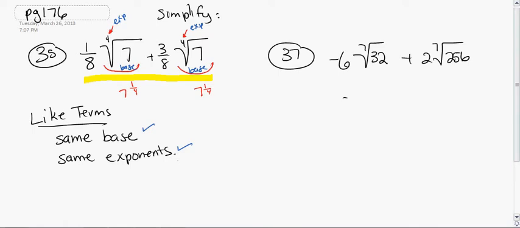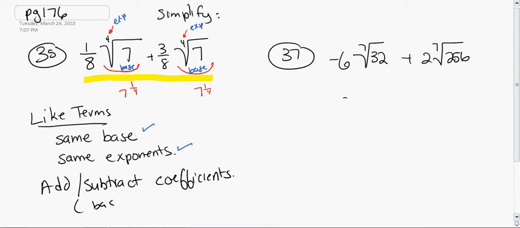I've got the same base, 7, and the same exponents, 1/4. Once I have like terms, all I need to do is add or subtract the coefficients, depending on the sign. I just want to remember that the base and the exponents stay the same.